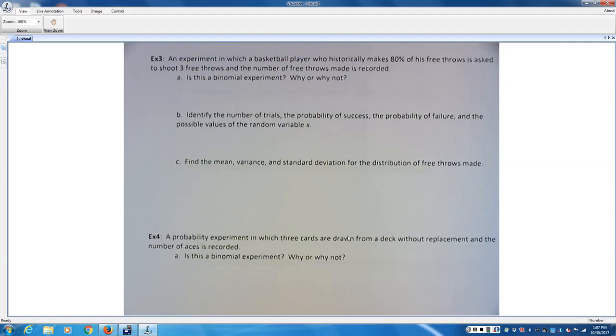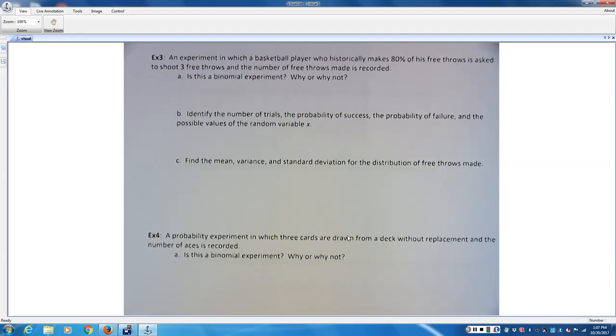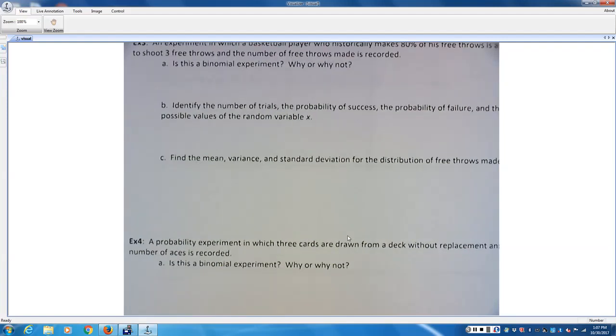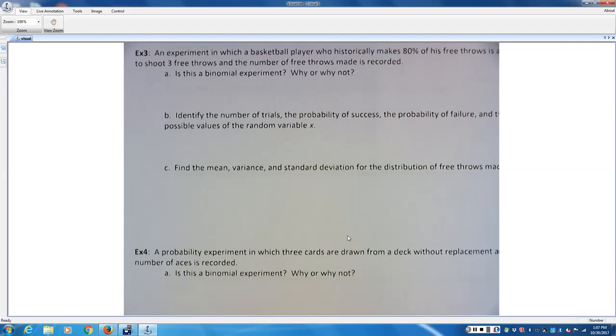So we're going to look at example 3, just to refresh your mind.